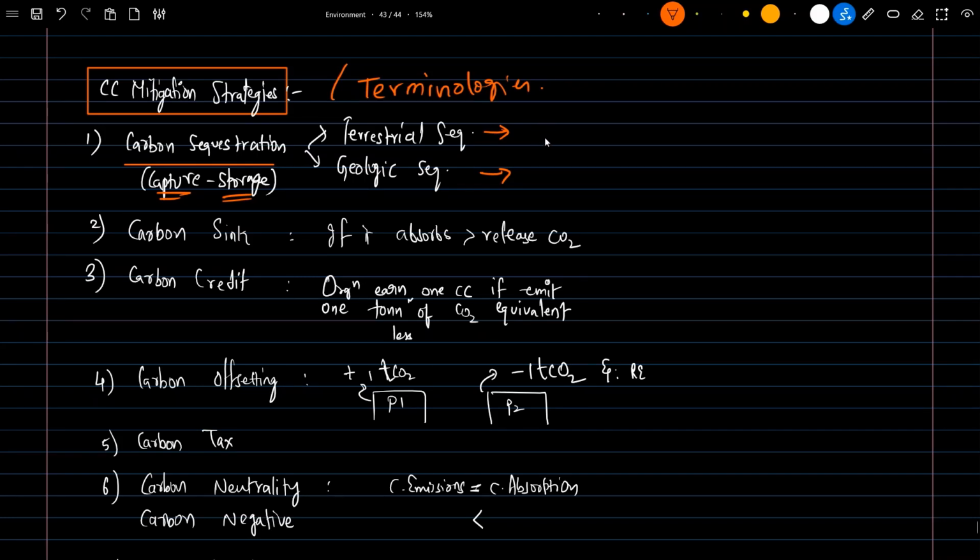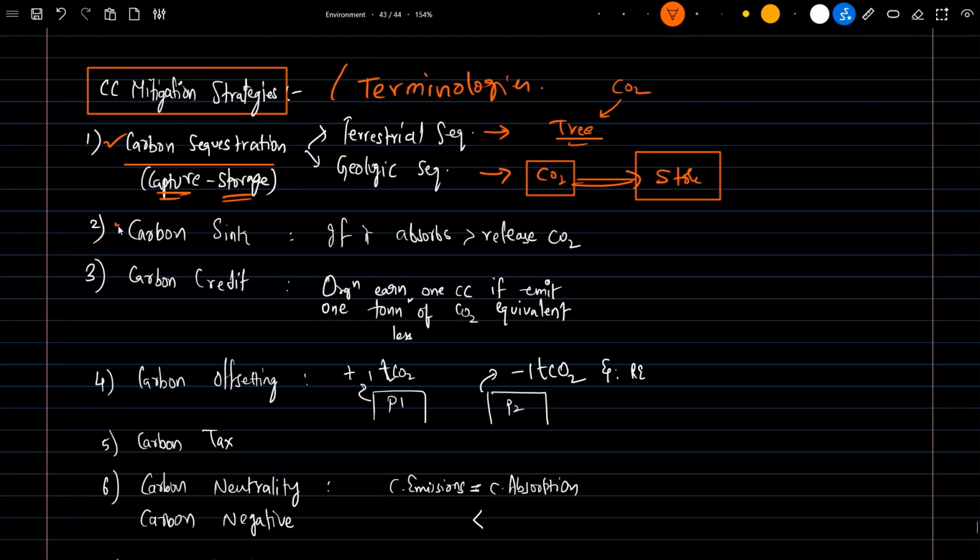What does terrestrial sequestration mean? It's simply trees. By growing trees, you will be capturing the CO2. Geological sequestration means we capture the CO2 and store it beneath, deep underground. So this is about carbon sequestration.